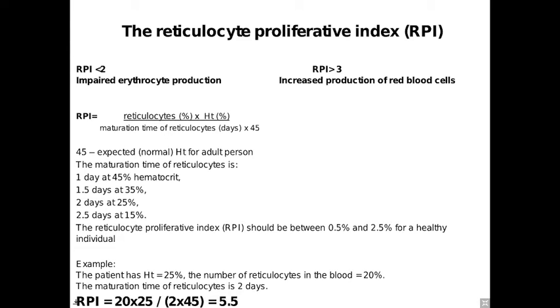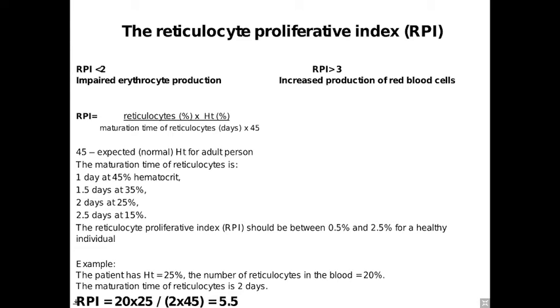Please pay attention: increased production of the red blood cells is when RPI is more than 3. When RPI is less than 2, this is impaired erythrocyte production. The normal, healthy value of the RPI should be between 0.5 up to 2.5.